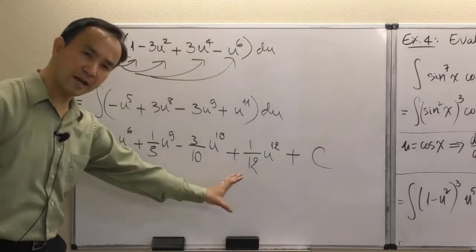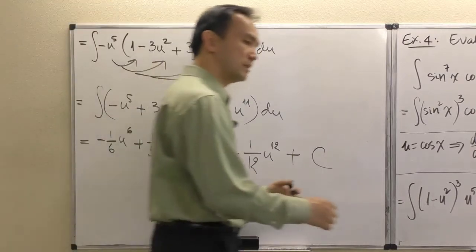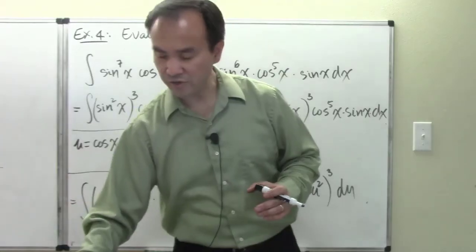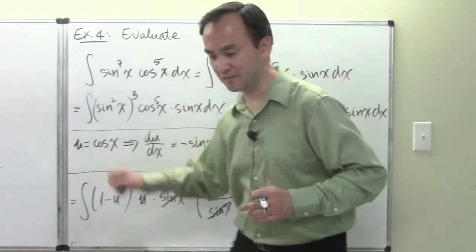And then we're going to bring back the original substitution of u. That original substitution is still here: it's cosine of x.